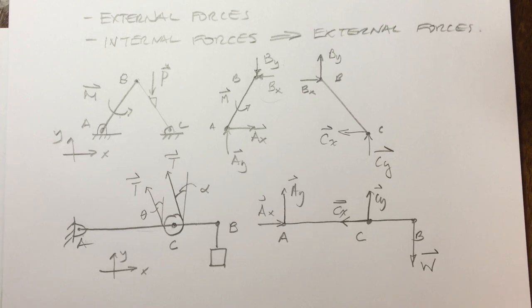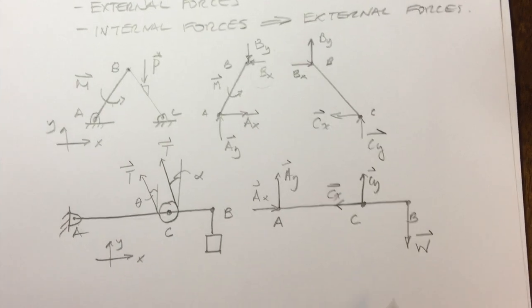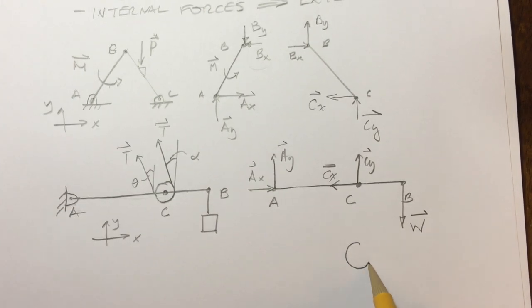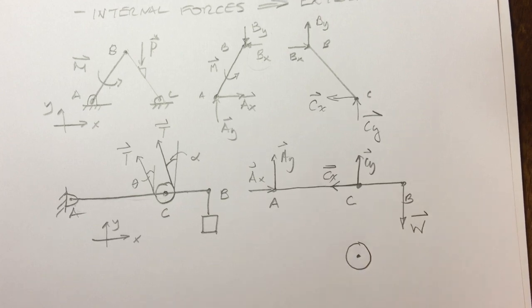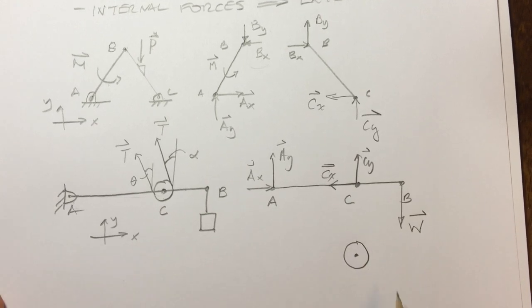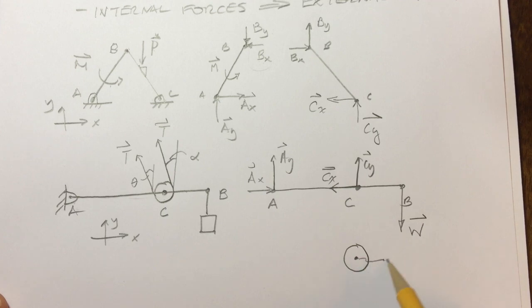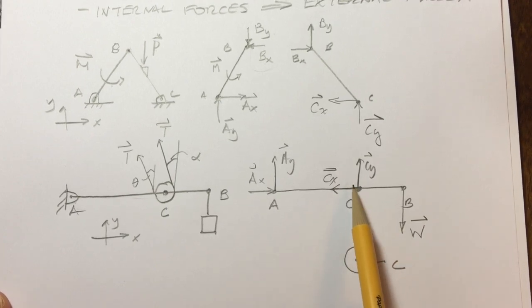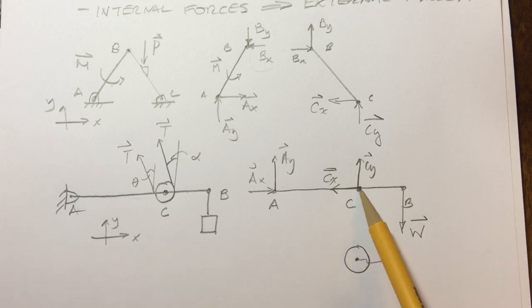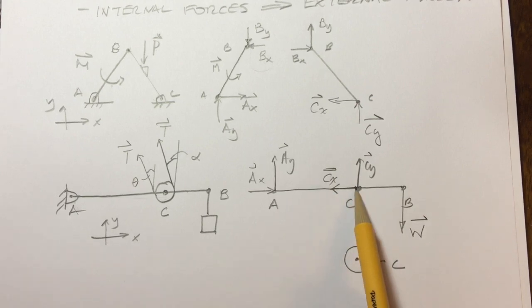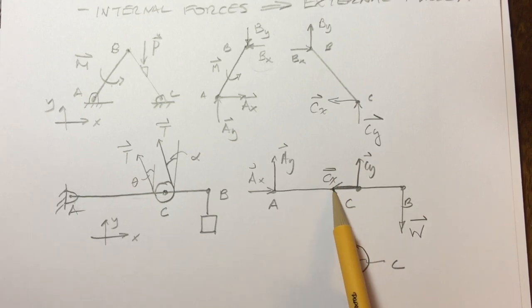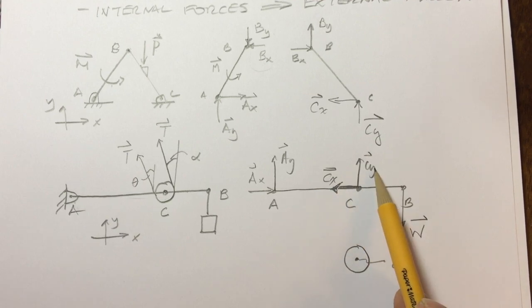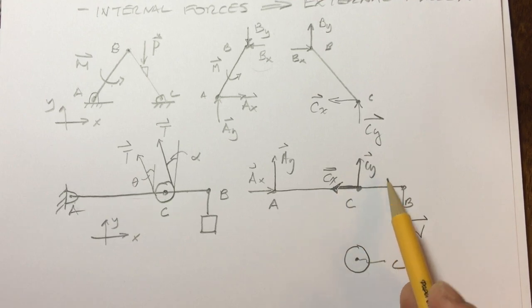The other free body diagram that I can draw is of the pulley. So here's my pulley, and this is point C. Therefore, I've already made the assumption that at pin C, my reaction CX is in the negative direction, and for the Y, it's going upwards.